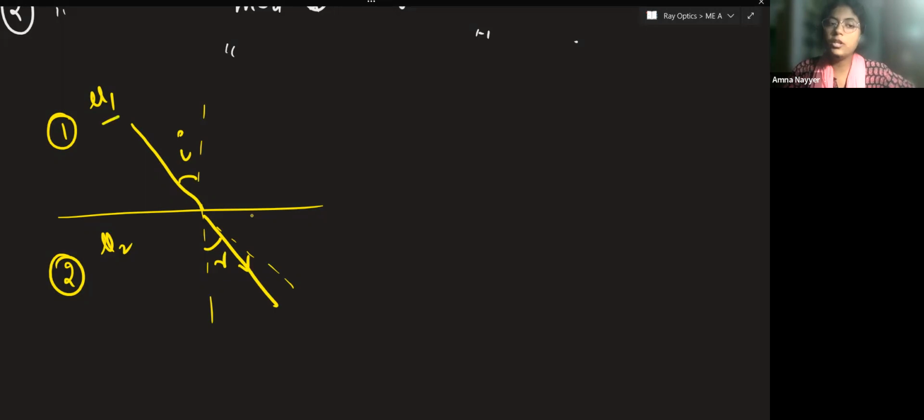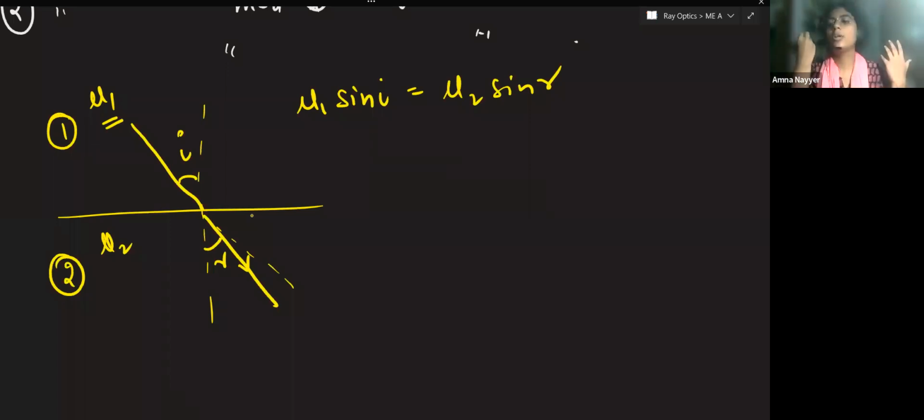So what did I tell you? Mu1 into sine i is equal to mu2 into sine r. By this you can easily write Snell's law as well, and the formula of Snell's law. Mu1 into sine i is equal to mu2 into sine r.